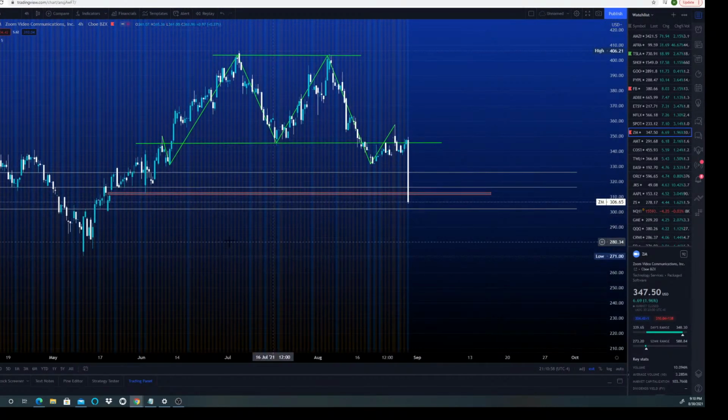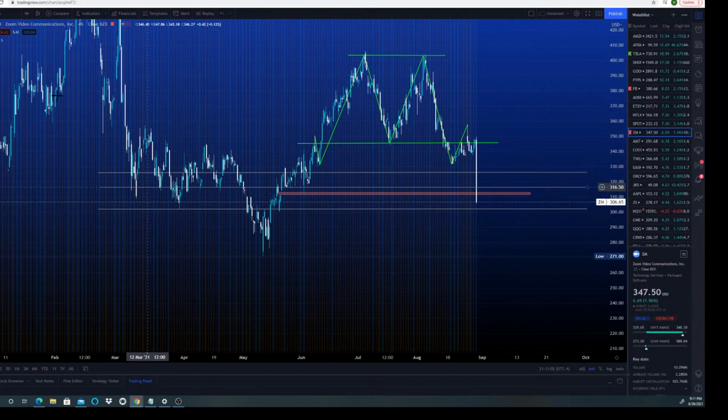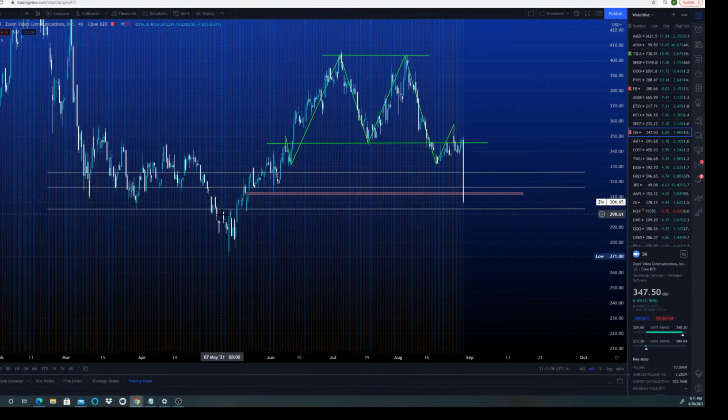Let's see where we can settle down at. Is there another support level? Yeah, it would probably have to rest on my support right here, 301.88-ish. Let's see if I get in. 302.10. 302.33.